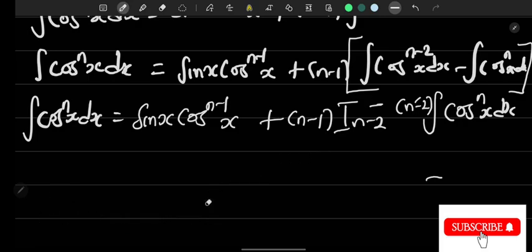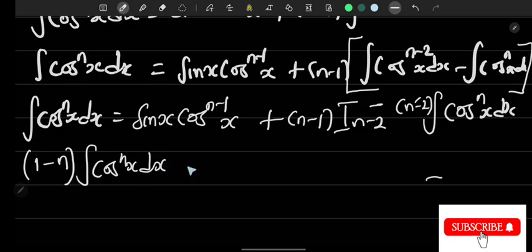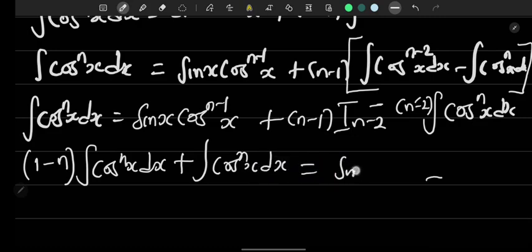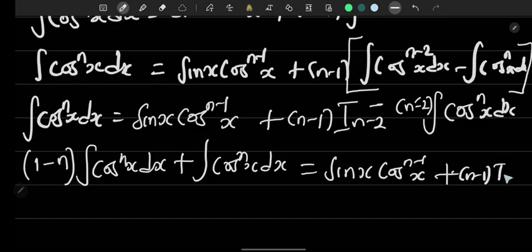So by the time you bring it to this side, that will be 1 minus n times the integral of cos^n x dx, plus the integral of cos^n x dx, equals sine x cos^(n-1) x plus n minus 1 I_(n-2).